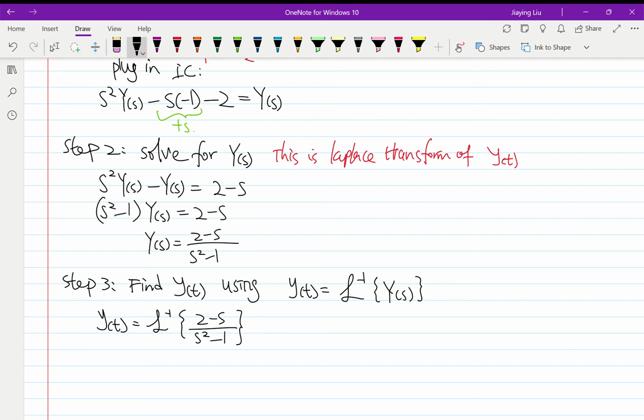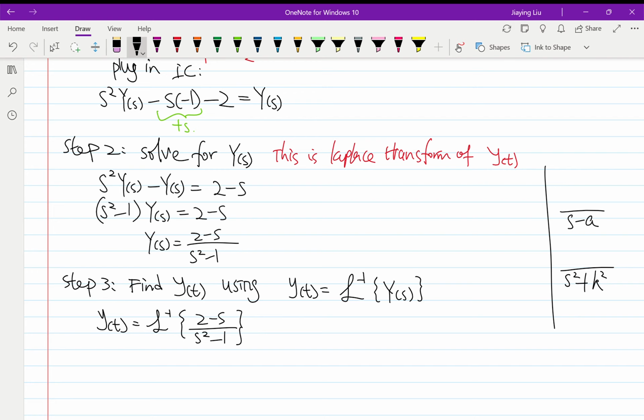So here again, we can try to use a table. If we go to the table, we look at the right-hand side. Say, does any of the s functions look like this, with particularly the denominator, s squared minus a number? If you look at the table, I believe you have s squared plus k squared as the denominator, and then you have s minus a or s plus a as the denominator.